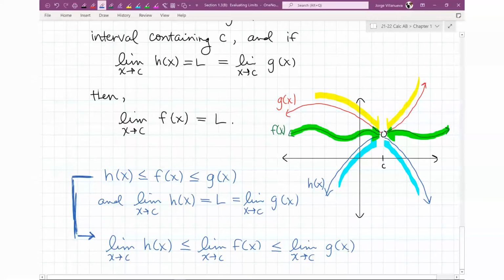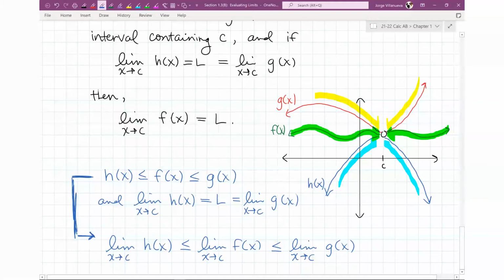You can divide all the functions by 12. You can apply anything to everything inside of that inequality, as long as you apply it to everything, to keep it mathematically sound. So that's all I did. I just said I'm going to apply a limit as x approaches c to everything.